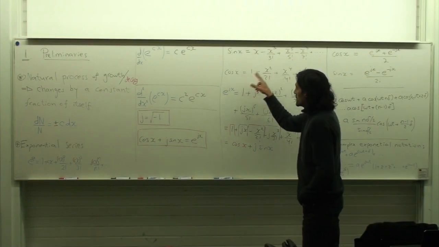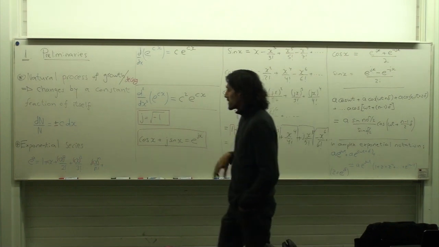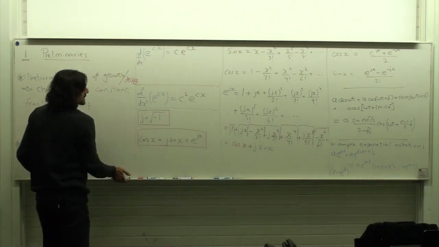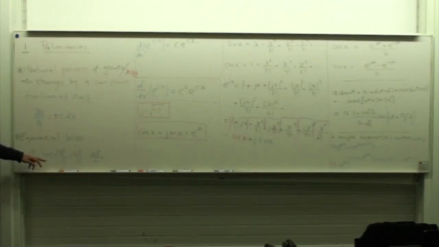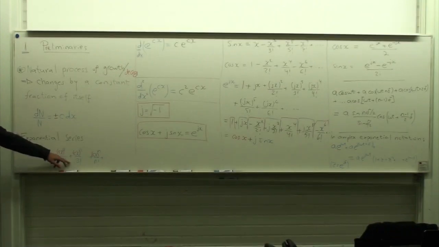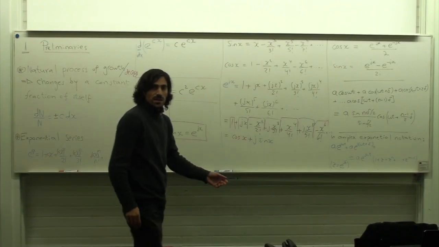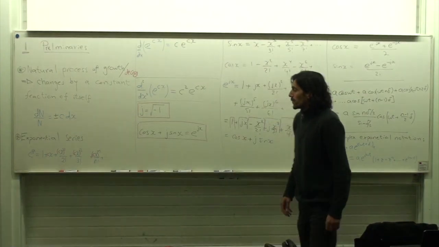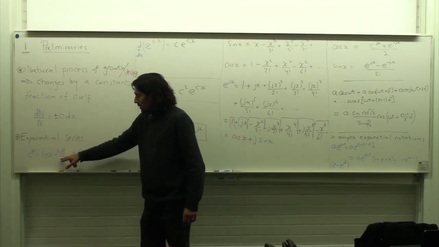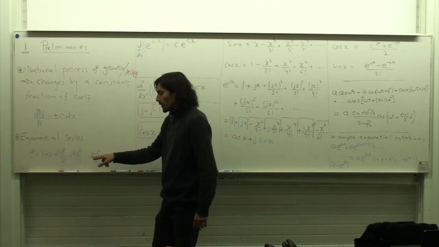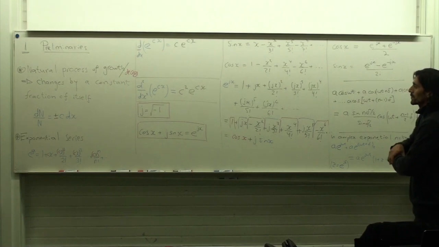And you can do something similar with cosine x. What you notice is that for the sine x, it's basically the terms that you see here in the exponent: the second, and then the fourth with a minus sign, and then the sixth, and then the eighth with the minus sign, and so on. And for the cosine, it would be the first, then the third with a minus sign, then the fifth, then the seventh with a minus sign, and so on.